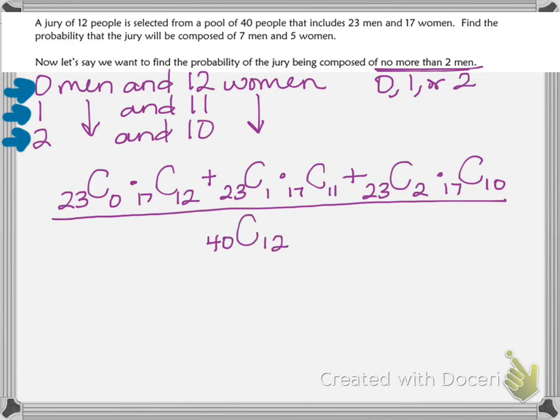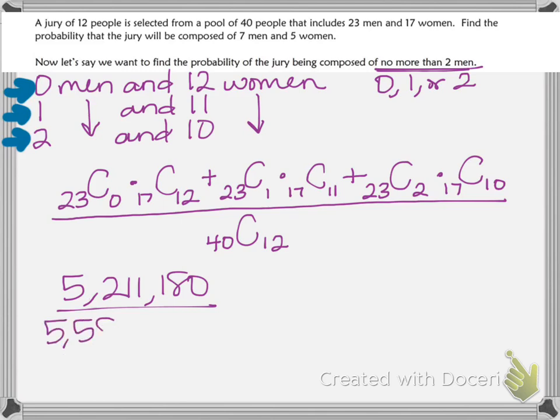Now, if you type those individually into your calculator, you get 5,211,180 over 586,853,480.